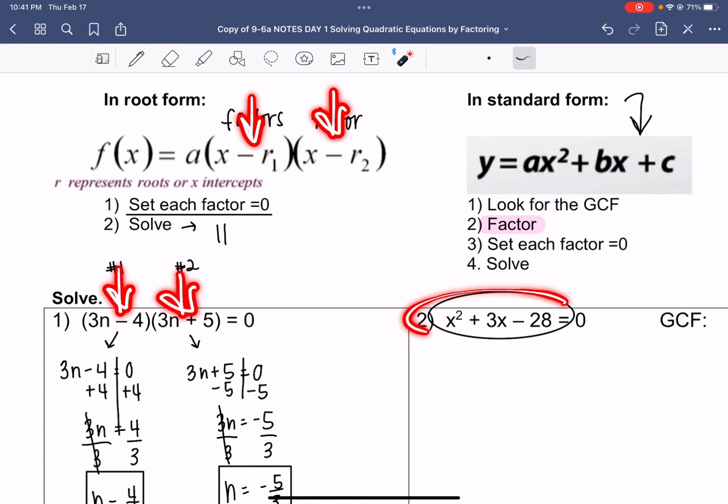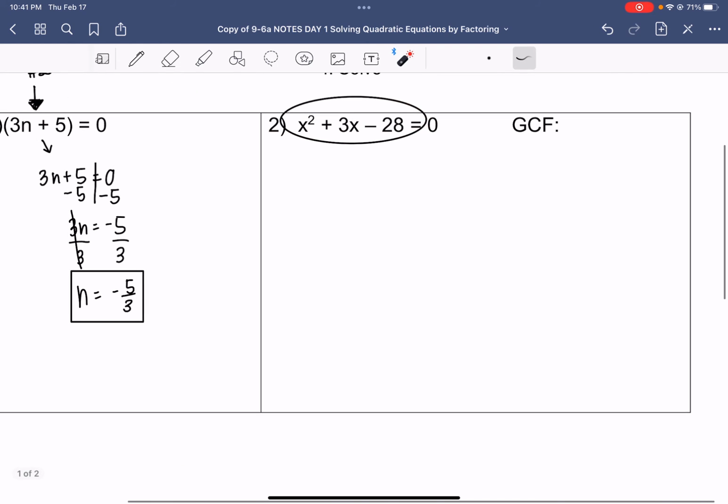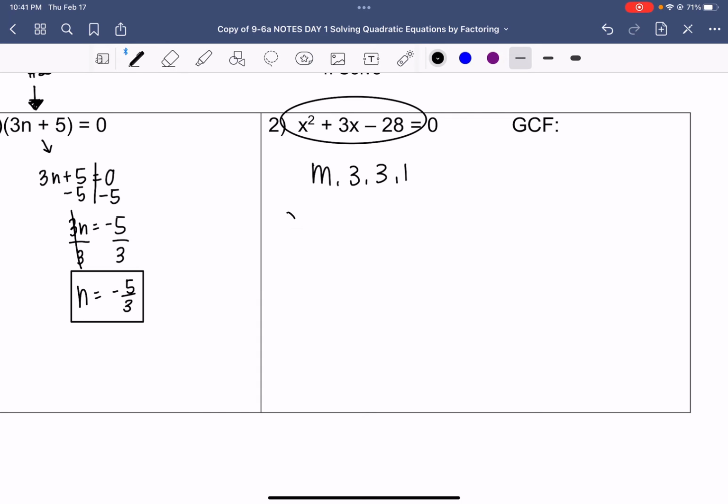When it's in x squared, we can just do menu 331 here. So when you do menu 331, A2 gets a 1, A1 gets a 3, and A0 gets a negative 28. When you do this, your solutions end up being negative 7 and 4.